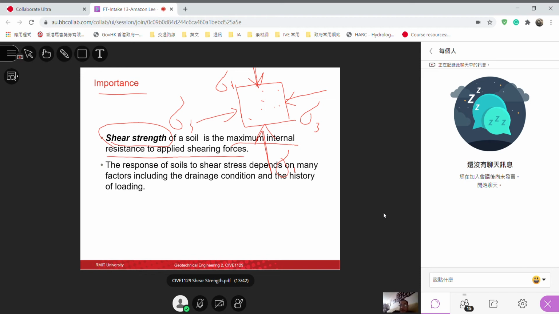Basically, it will mobilize a potential failure plane. Okay, this is the shear plane. In this shear plane, what is going on is mobilizing the shear resistance.